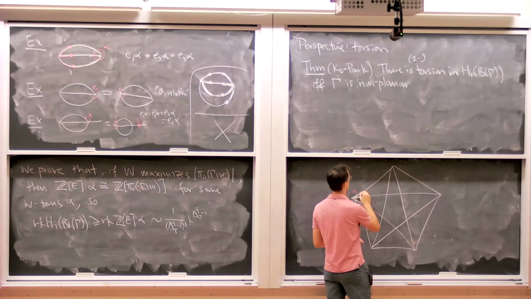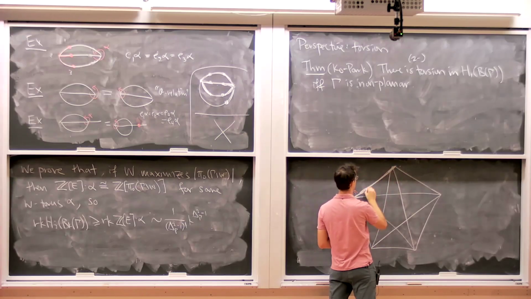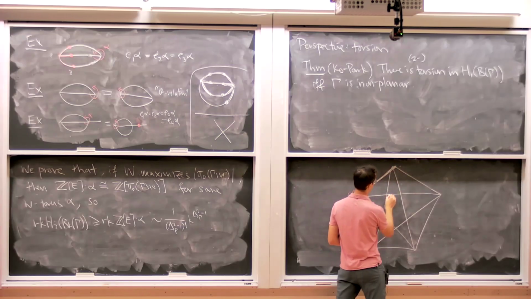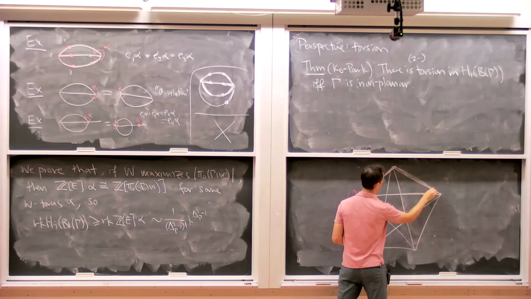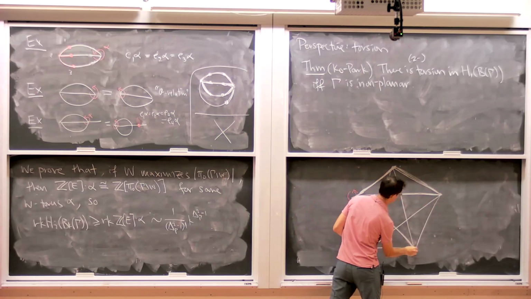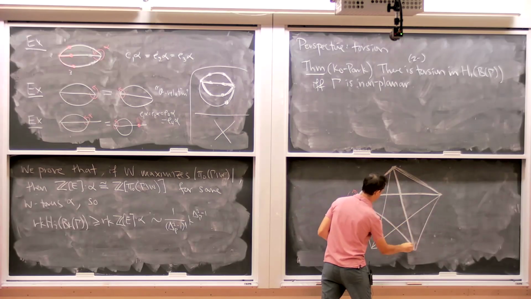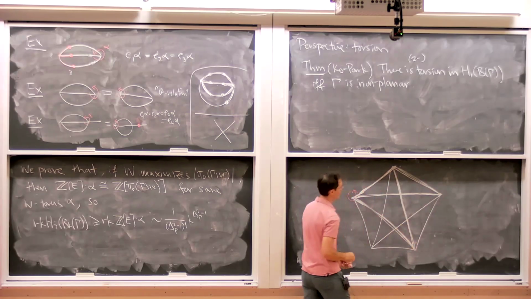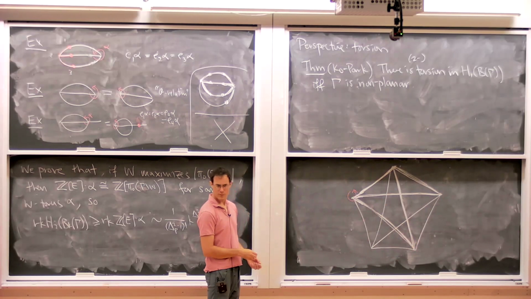So I can extend this to be one of the edges, and I can extend this to be another of the edges, and I can extend this to be the other, the third edge. Okay. Does everybody see that?